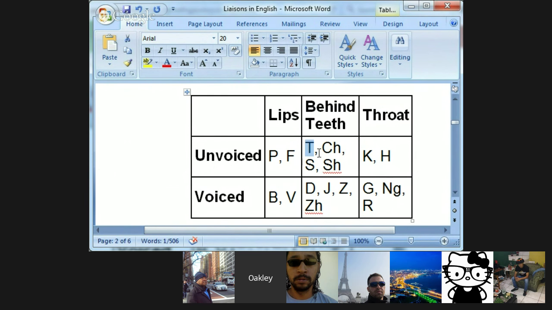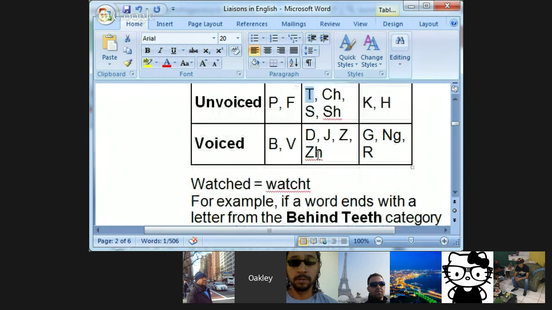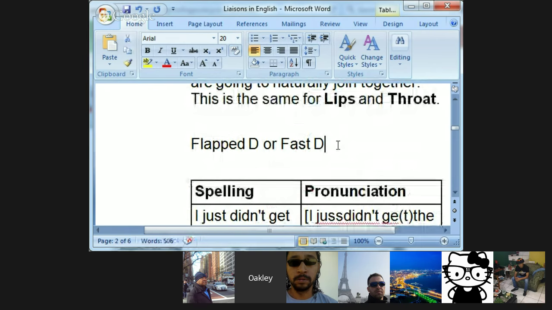Kitten, mitten, mountain, Britain. Okay, now you're talking about the old flap D or fast D there, Heidi. Right. When a British person says British, I always remember the British love their tea.